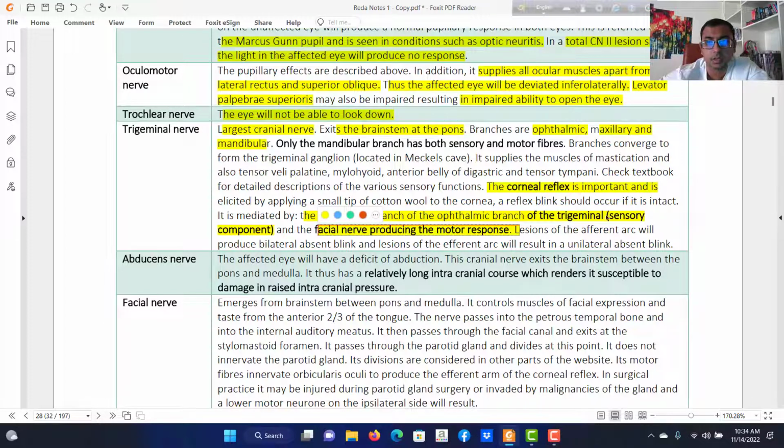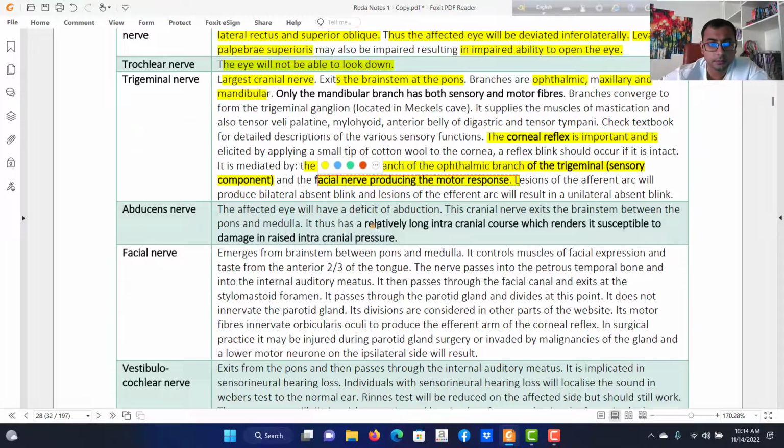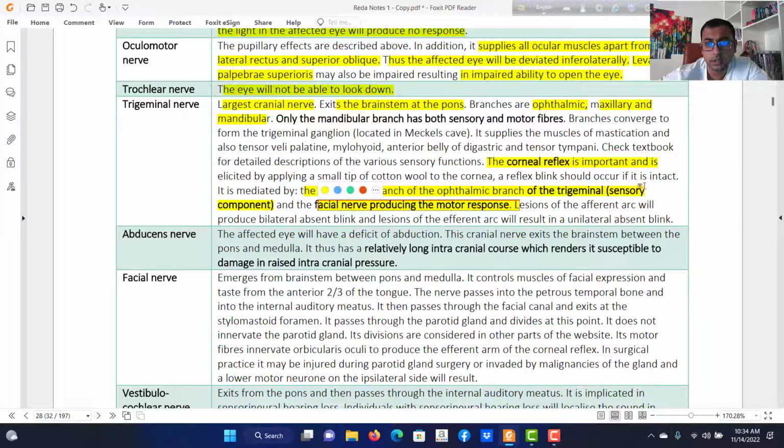So this is a mixed nerve. I already told you the mixed nerve, because the ophthalmic branch has a sensory component, but the facial nerve produces a motor response. Only the mandibular branch has both sensory and motor fibers. So mandibular branch is mixed, and the nasociliary branch, ophthalmic, is sensory.